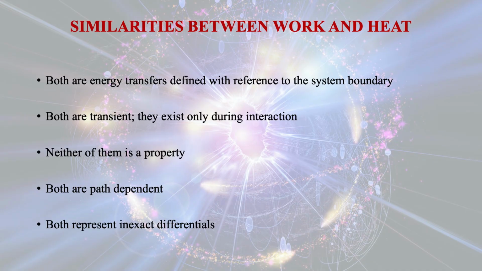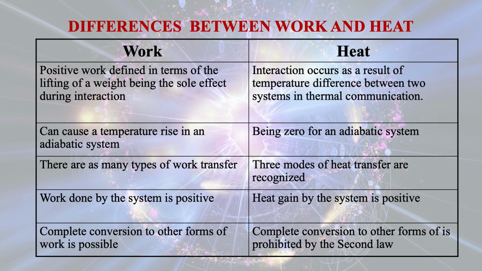Similarities between work and heat: both are energy transfers defined with reference to the system boundary. Both are transient; they exist only during interactions. Neither of them is a property, both are path dependent, and both represent inexact differentials. Now, differences between work and heat.